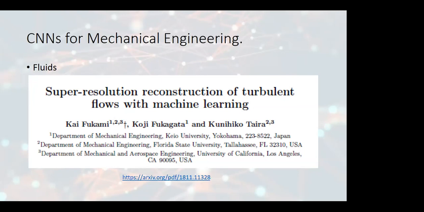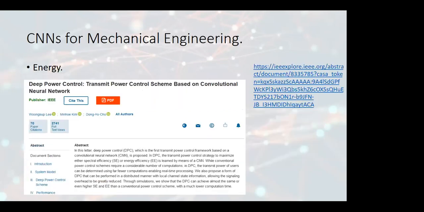Being a fluids researcher, the last time I've been overly biased towards showing you guys research in fluids and only showing you examples of ANNs which were used in fluids. So this time I hope to diversify and expose how CNNs are used in other predominant mechanical engineering disciplines.